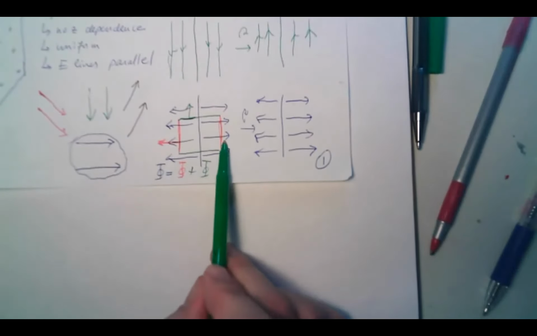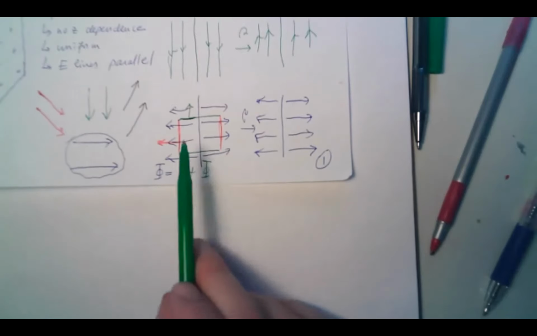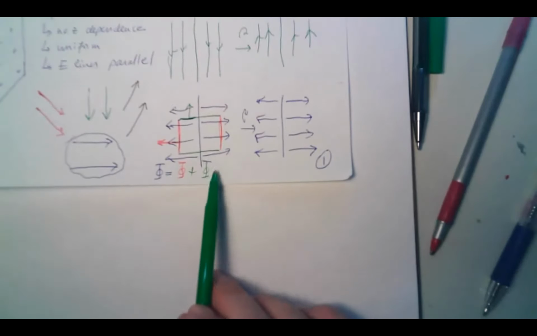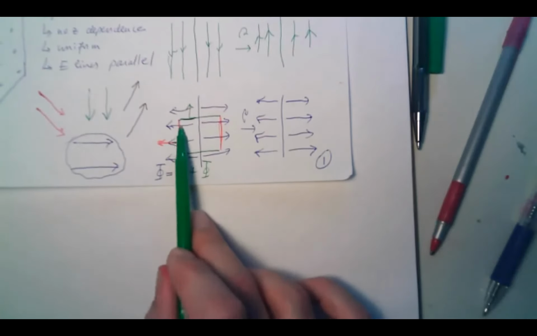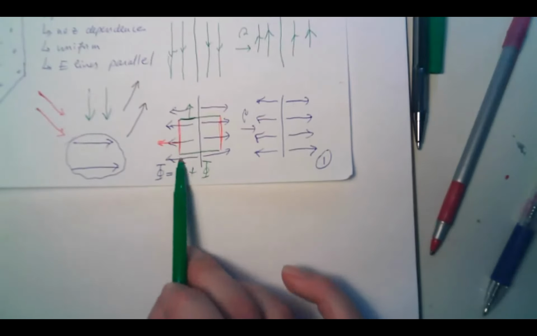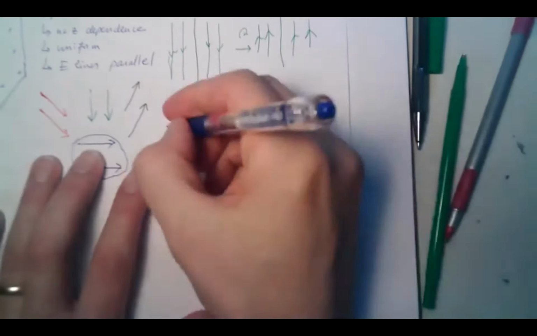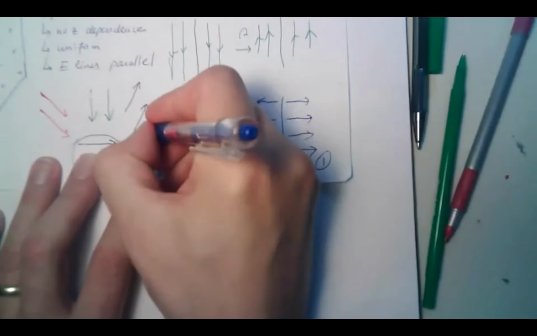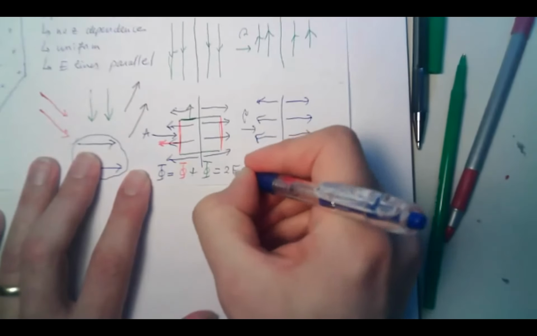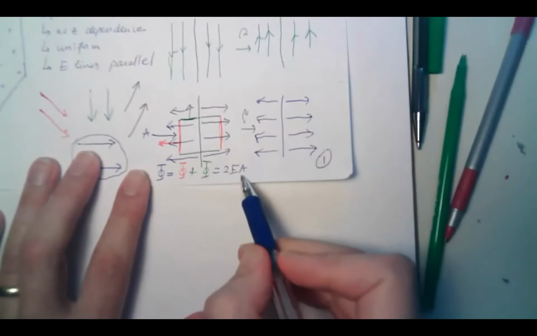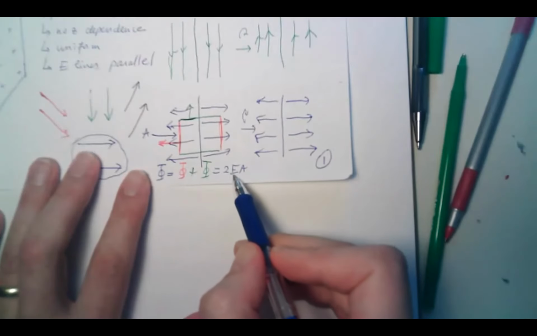There's one on the left, there's one on the right, and the surfaces on the top and then behind are also green. So this flux is going to be whatever E is at this surface times the surface area. The surface area we choose is A. So this is going to be 2EA. That is the left-hand side of Gauss's law.